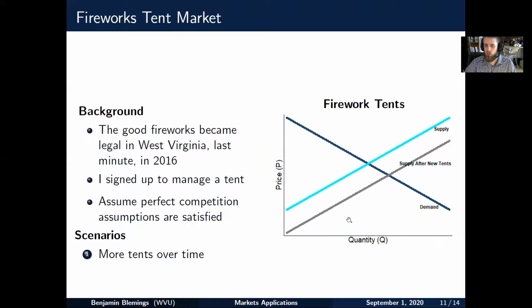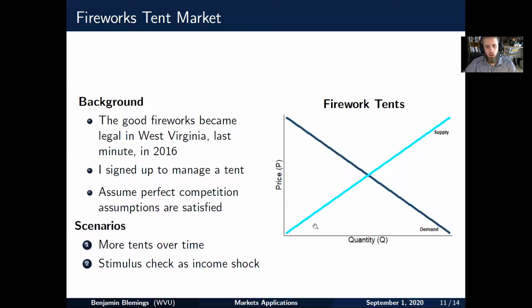This gray represents how new tents coming into the market affect the model of the market. And I'm going to call that supply prime in any supply and demand graphs, where I change from the original supply to a new supply in response to something happening in the market.